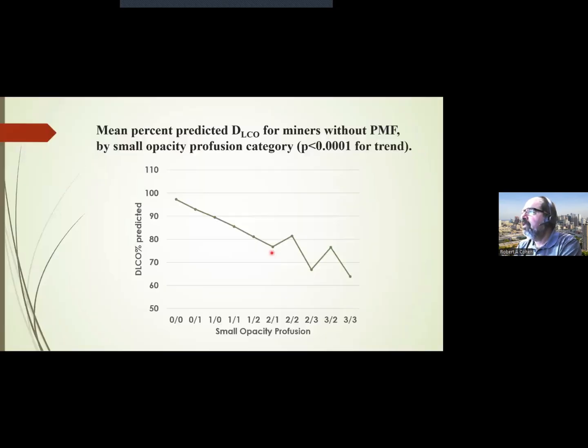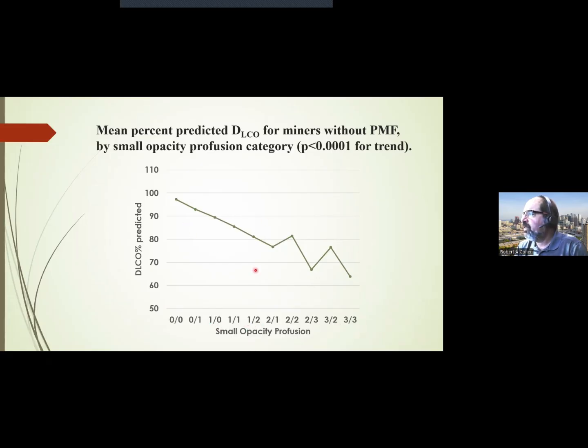Sorry. And this is just a graph looking only at the small opacities, taking out PMF, of the percent predicted diffusion capacity by the small opacity profusion. The ILO profusion scores are a little bit complicated to understand, but it's a 12-point scale. This is just taking out the very lowest category of completely normal. And you can see that the percent predicted declines in a nice linear fashion with an increasing category of small opacity profusion.